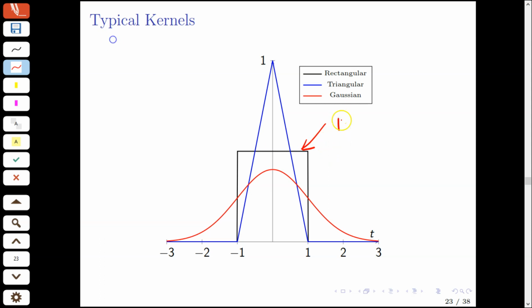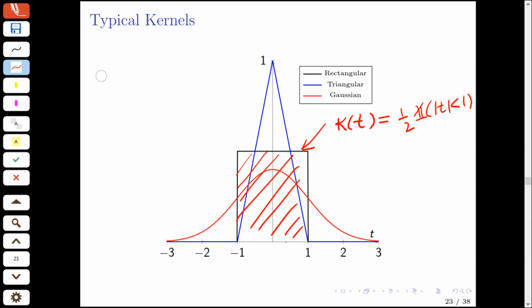Now this is simply the function K of t, using the indicator that t is within 1 of 0. And here I've multiplied it by 1/2 in order to make the area under the graph integrate to 1.